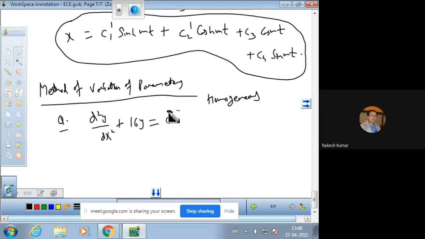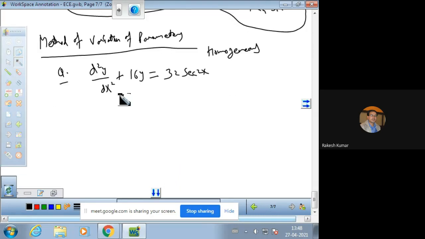But if this 0 is not there, and in place of this 0 we have some function of x, where x is the independent variable, suppose the value is 32 secant 2x, then the equation is a non-homogeneous differential equation.